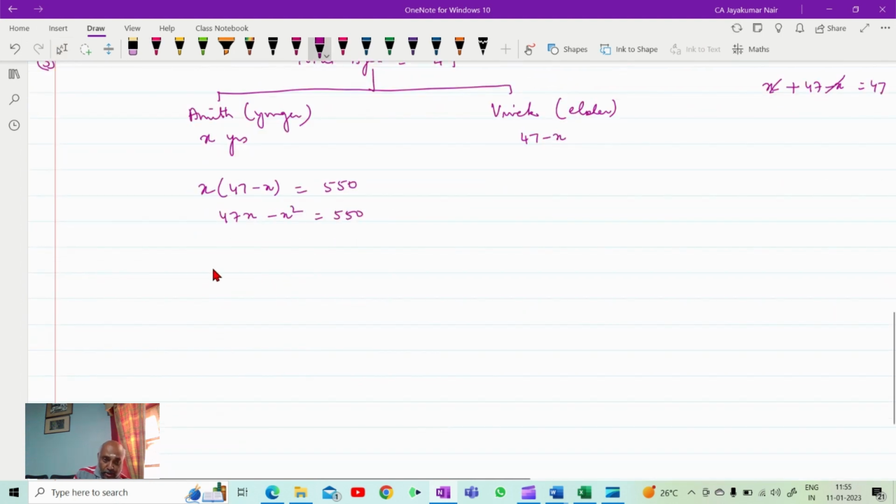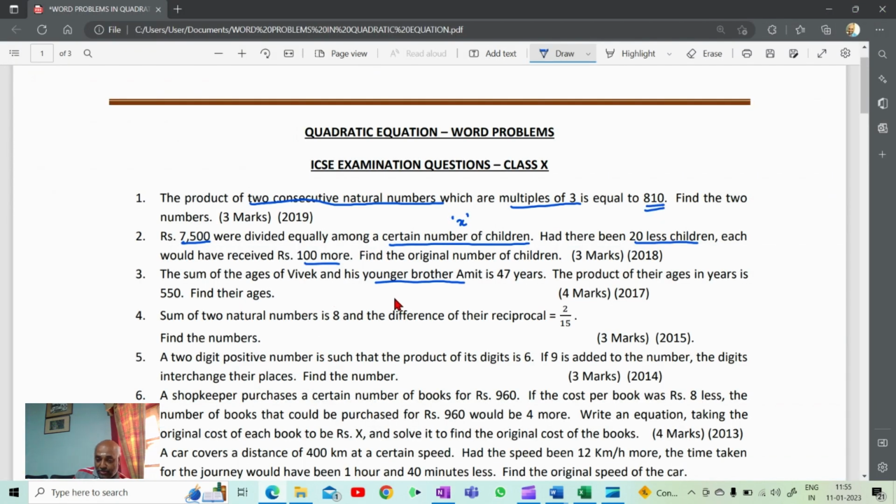So how do you frame the quadratic equation? Minus x squared plus 47x minus 550 is equal to 0 and solve. Once you frame the equation, you can do the factorization method, or you can use the formula method to find the roots of the equation.